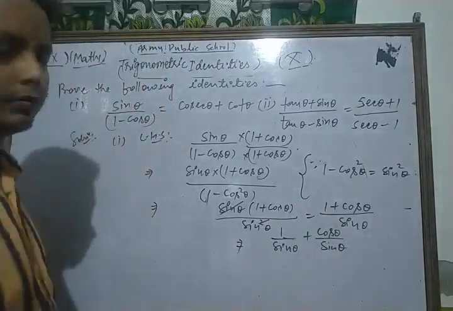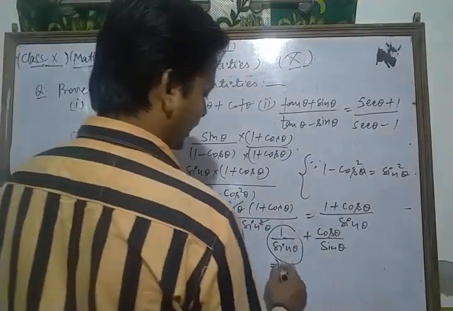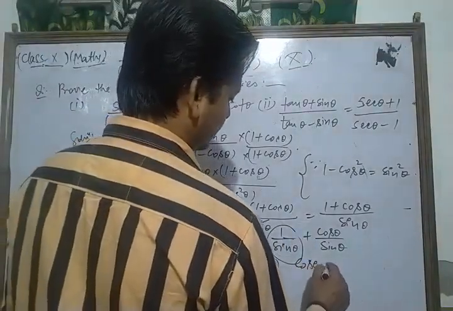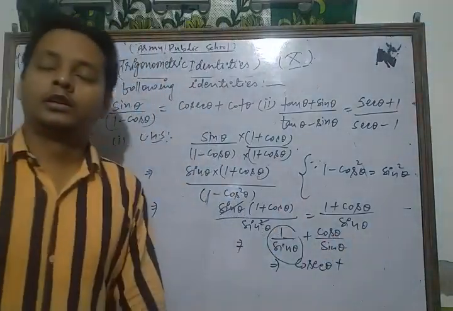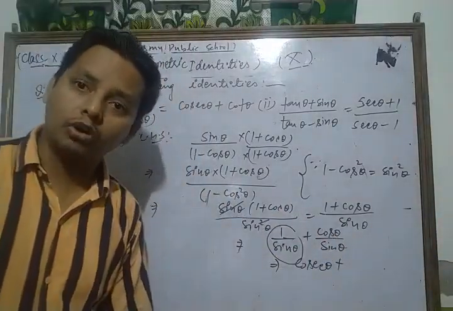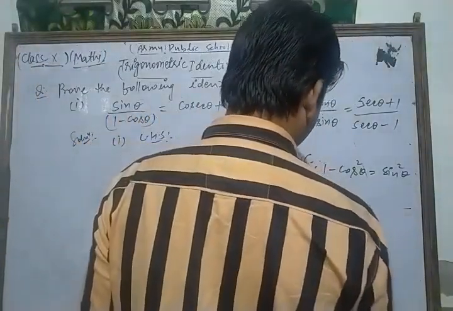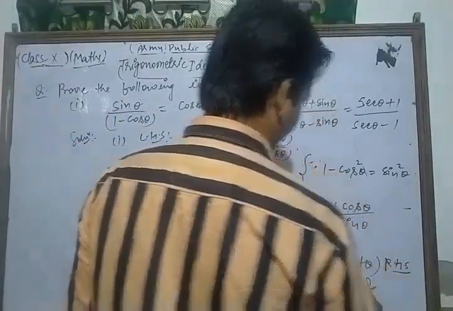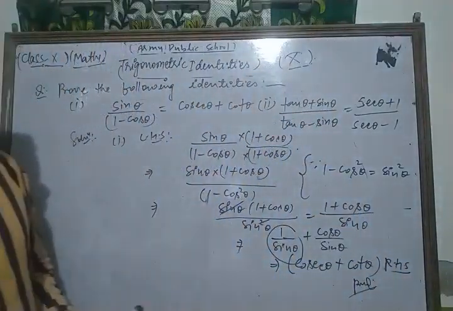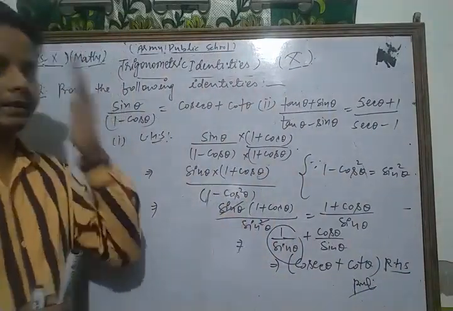Now, you know that, dear students, 1 upon sin is cosec. So we write cosec theta plus cos upon sin theta, which is equal to cot theta. So here we write cot theta. Hence, this is RHS. Hence proved. Okay, so dear students, this is the process to solve that type of question.